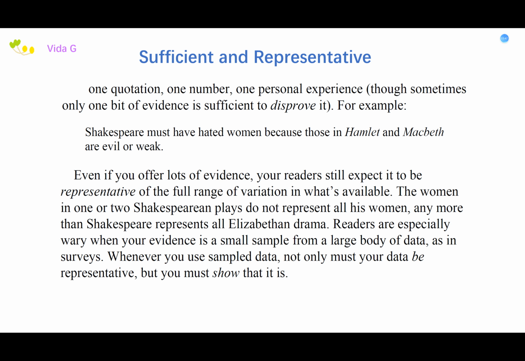There are so many publications and non-fictions that were written by Shakespeare. Only women in those two publications are evil, and those two publications cannot represent all the books that were written by Shakespeare. So this kind of evidence is not representative.